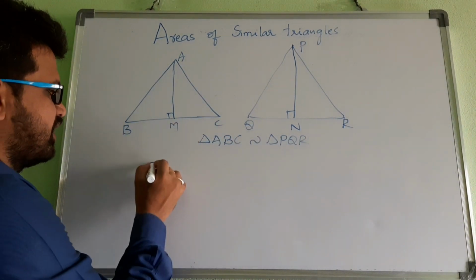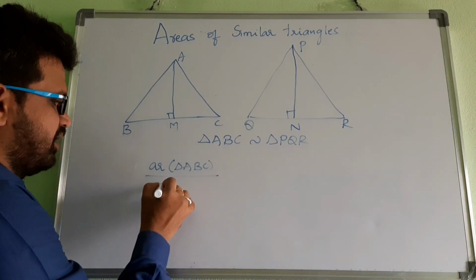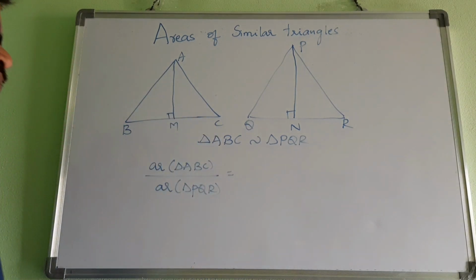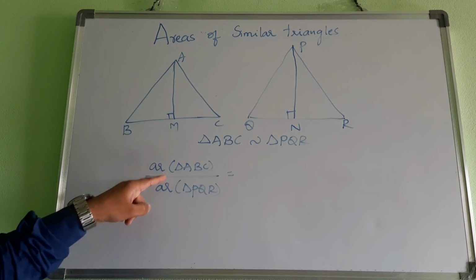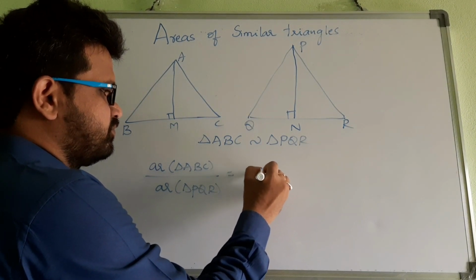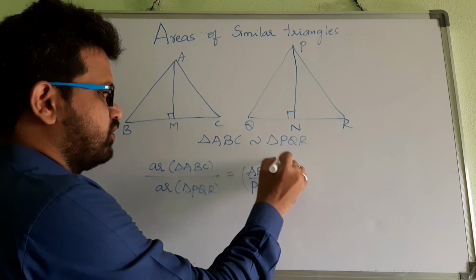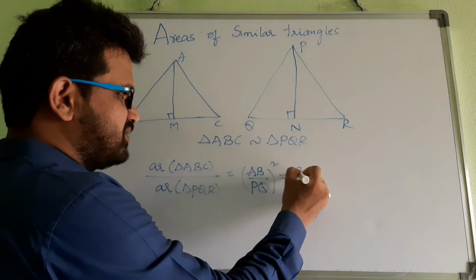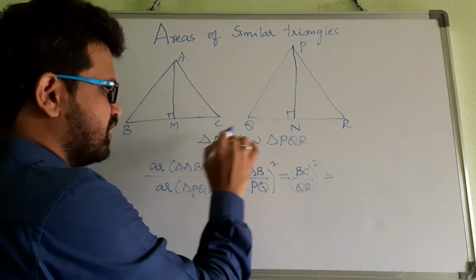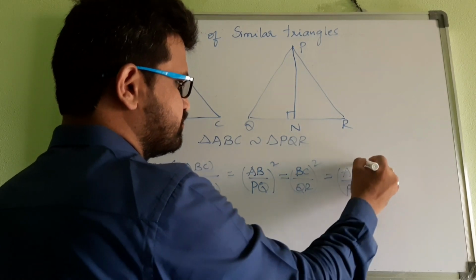Then area of triangle ABC divided by area of triangle PQR is equal to the ratio of the squares of their corresponding sides, means AB by PQ whole square or BC by QR whole square or AC by PR whole square.